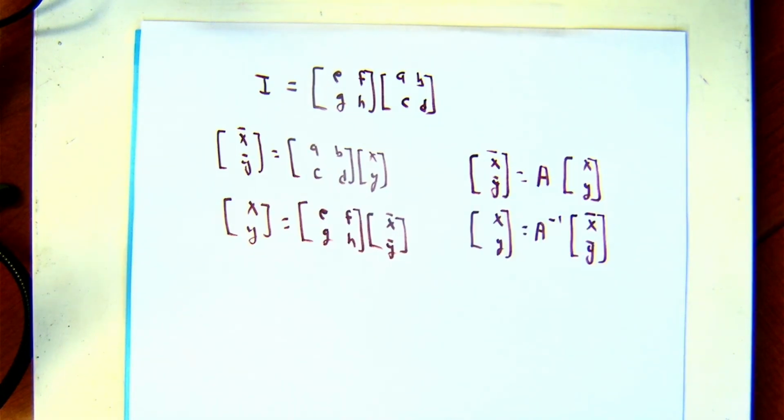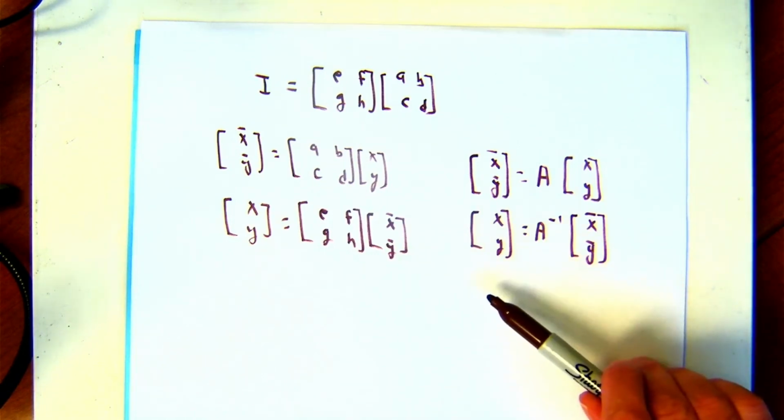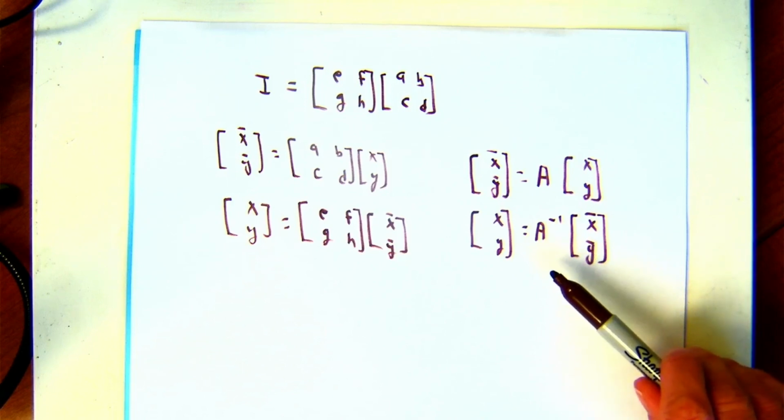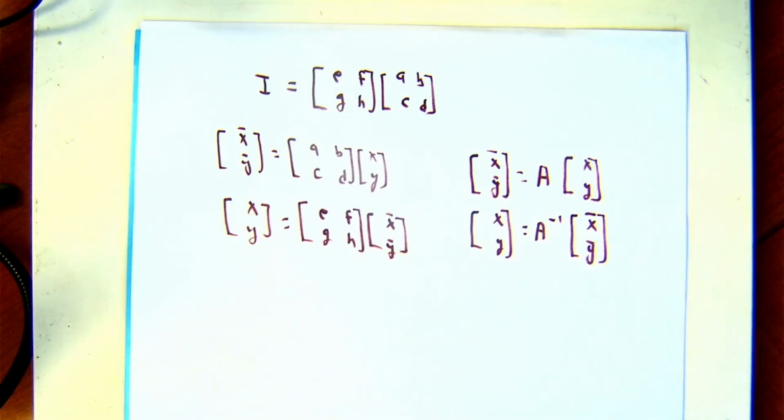And because of what we figured out about the relationship between a, b, c, d and e, f, g, h, I can just go on and write the unbarred coordinates, take the inverse of matrix A, and multiply it by the column of barred coordinates. If you remember your linear algebra, now this should come as absolutely no surprise to anybody.